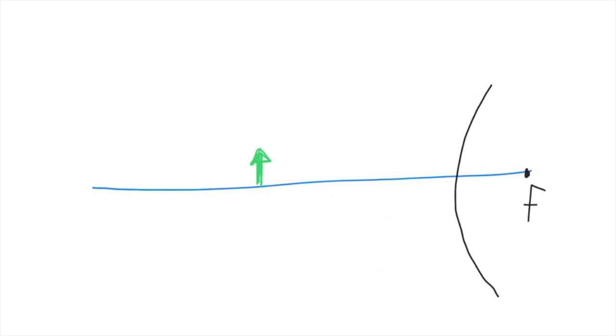Okay, so now we have a convex mirror, but we're going to choose the same 3 useful rays. So we'll have a light ray that goes parallel to the axis. Pardon my freehand drawing. It's hard to use a ruler and a stylus. It's difficult to trace.